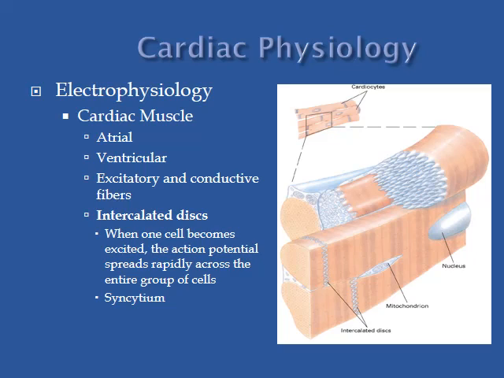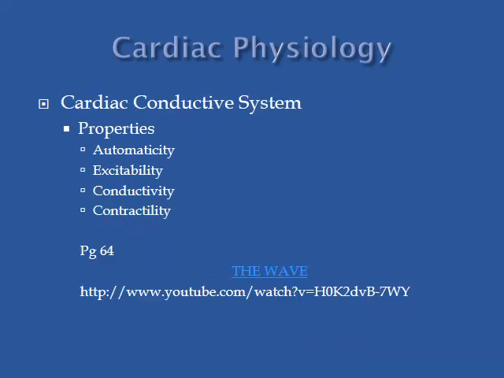So the signals are lightning fast. And these signals go in a certain pathway called a syncytium. And we'll talk about those here shortly. Another cool aspect of cardiac tissue is every single cell has the potential to start the wave. There are 4 properties of the cardiac conduction system: automaticity, excitability, conductivity, and contractility.